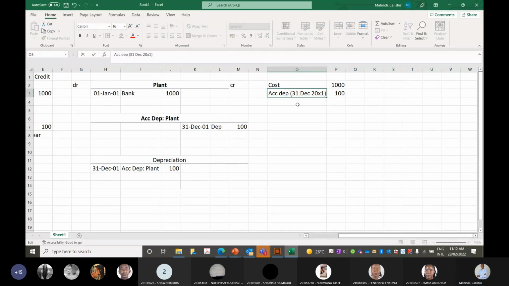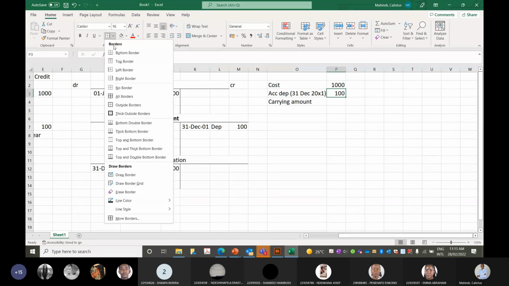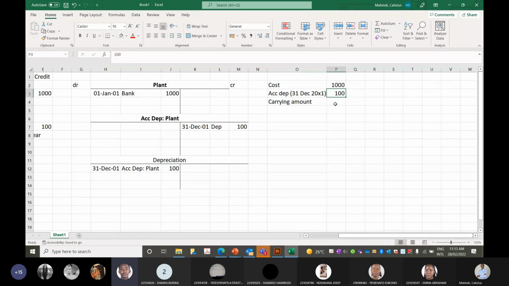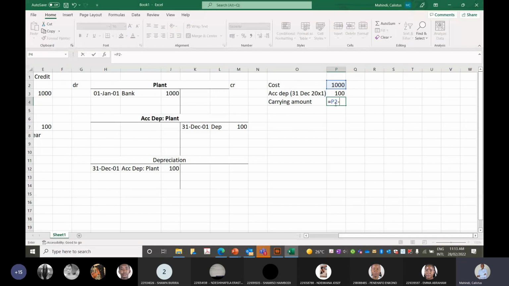And the carrying amount would be 1,000 minus the 100. Your carrying amount would be 900. Are we okay with that?